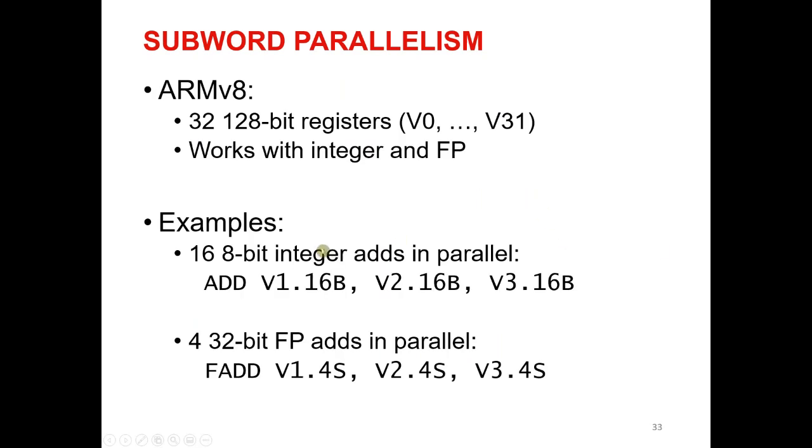So in this case, the V means that, as is mentioned here, in RB8 you have 32 128-bit registers, which are referred to by this V. So from V0 to V31, we have 32 registers of 128 bits. So in this case, V1 refers to register 1 with 128 bits.